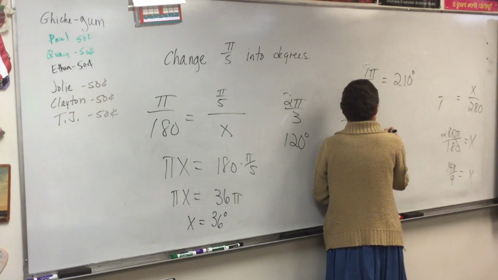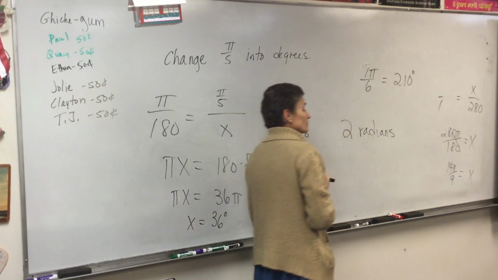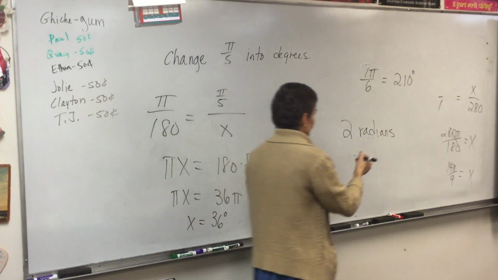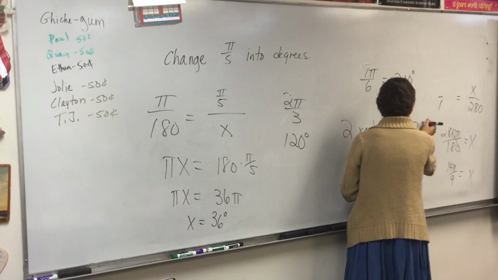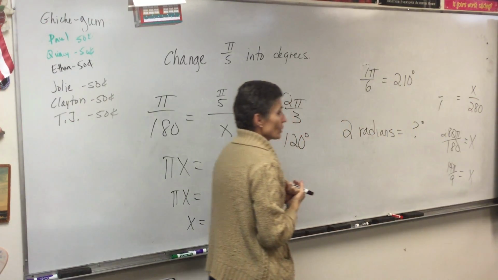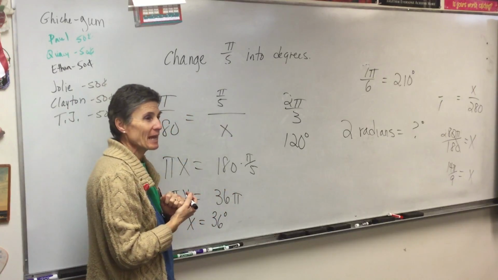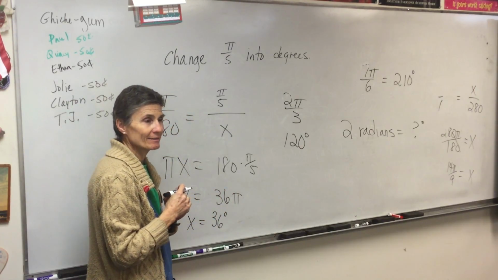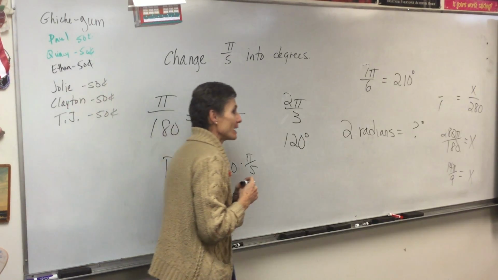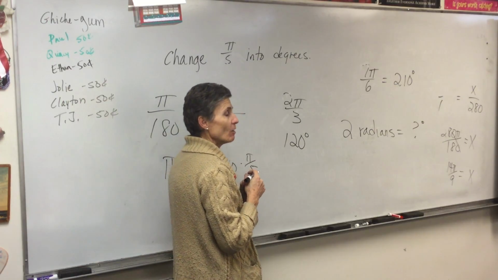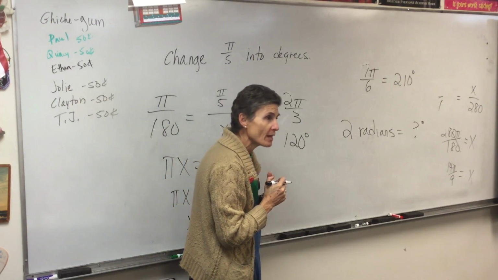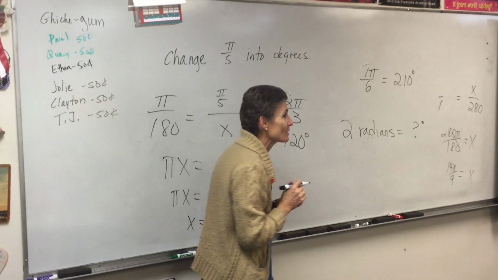How about 2 radians? Oh, we got a problem, don't we? We can't use our shortcut. Why not? We're missing a pi. Oh, crud. What do we do then? What do we have to fall back on?